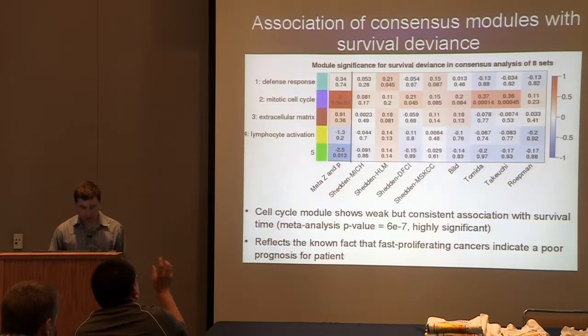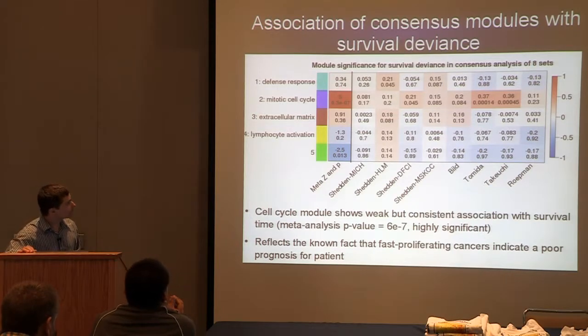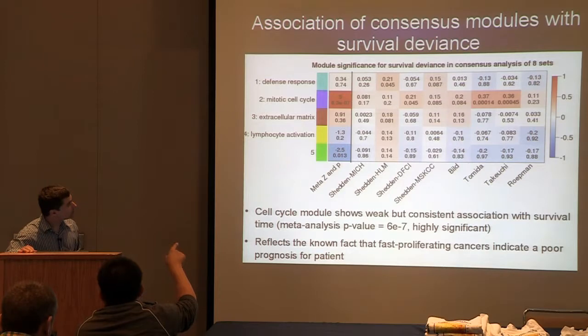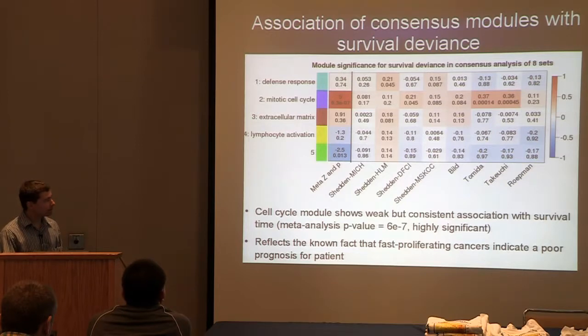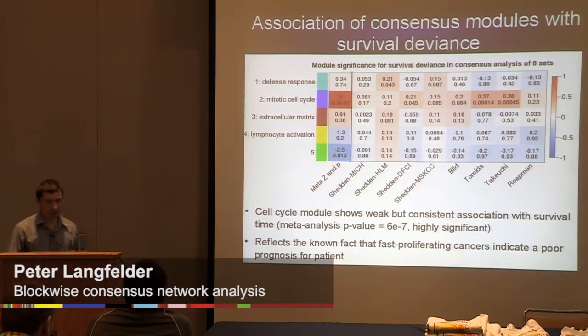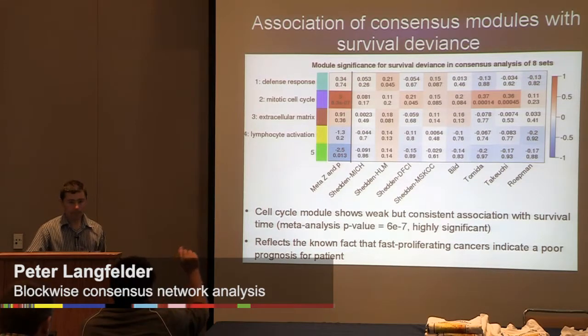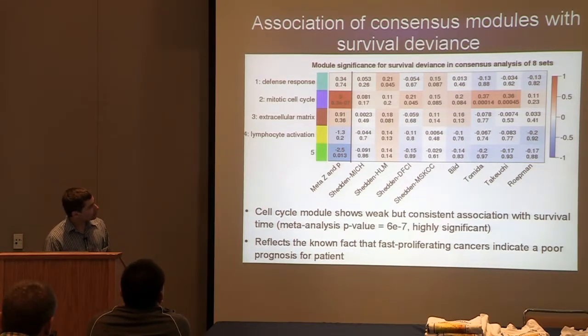Let me, yeah. What are the 5 in the meta-analysis? Sorry? The 5, number 5 for the P1. Oh, the 5 is a Z statistic. So the Z statistic is 5 and the corresponding p-value is 6 times 10 to the minus 7. Okay, but for the other columns? For the other columns, they list the upper number and the lower number is the p-value for the association of that module with survival time in that particular data set.